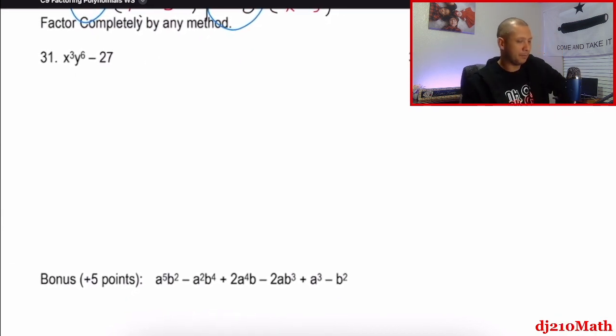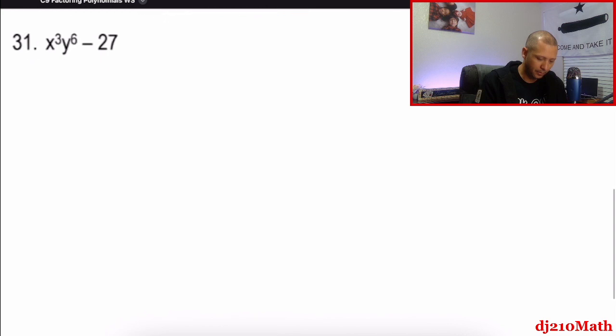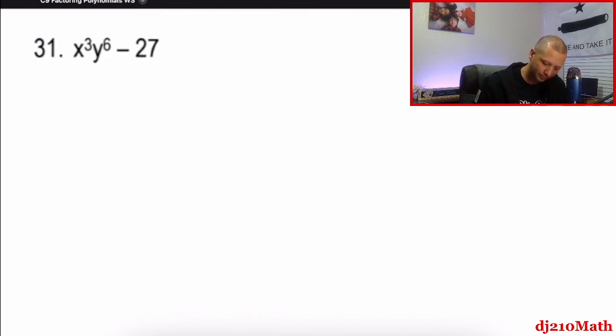Okay, factor completely by any method, by any means. Okay, what am I thinking? So I'm thinking that 27 is really 3 cubed. Thinking that y to the 6th is really y squared cubed, and then x cubed.